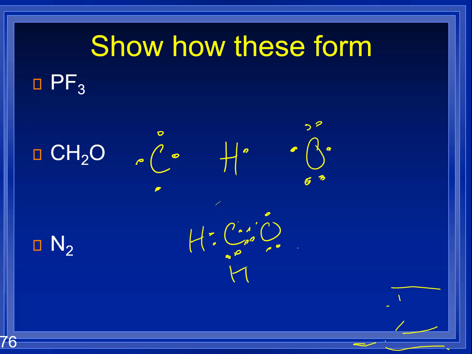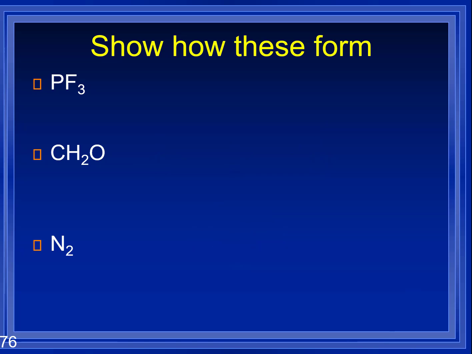Okay, what about N2? We said the nitrogen we breathe is diatomic. What do the molecules of N2 look like? How are they attached? Well, the first N gets 5 dots. The second N gets 5 dots.